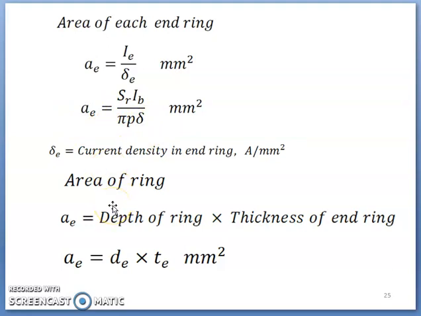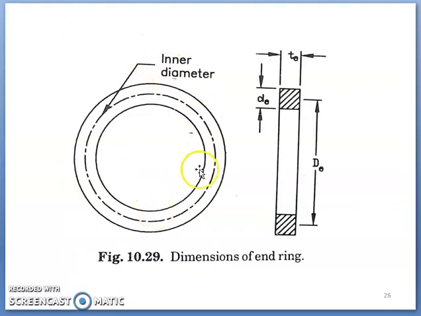But the area of the end ring can also be calculated using knowledge of its depth as well as thickness. As per this figure, the depth of the end ring is D. This image shows the end ring; D is the depth of the end ring and T is the thickness of the end ring.